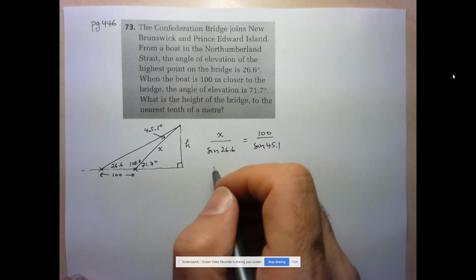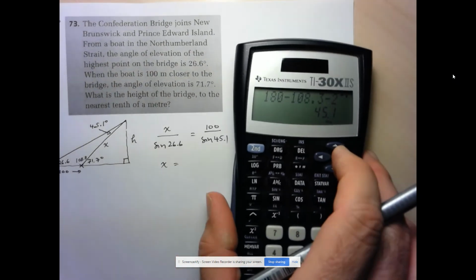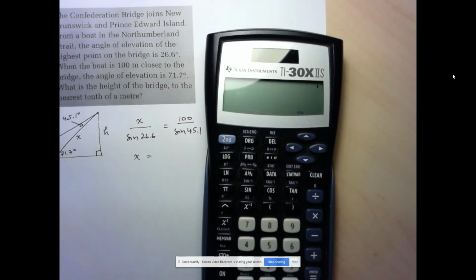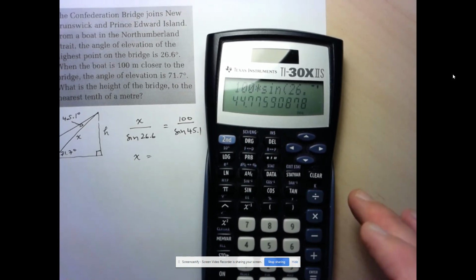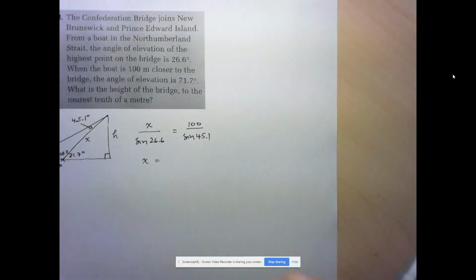Now this is very easy to solve because I'm just going to multiply that to the other side. So we've got 100 times sine of 26.6, divided by sine of 45.1, and that's 63.21.